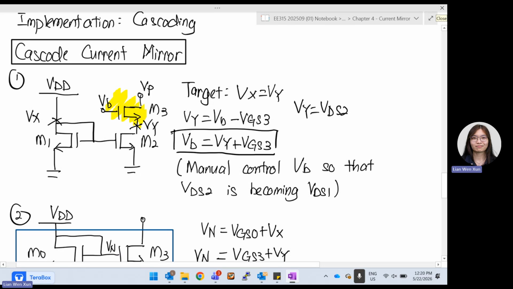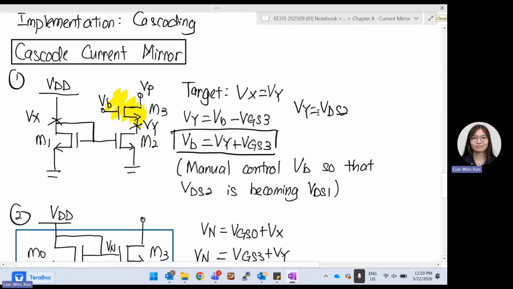So what exactly is Vy? Vy is equal to Vb minus VGS3, right? It is this point minus this point. So Vb minus VGS3 is your Vy, and Vy is also equal to your VDS2.